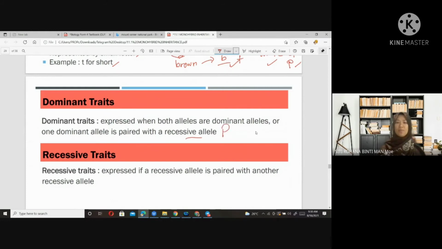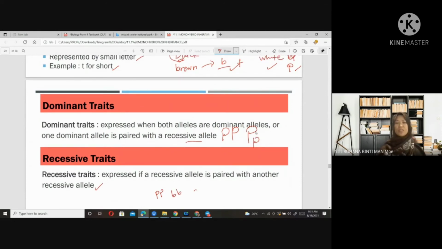Okay, nampak P besar ataupun satu P besar, satu P kecil. Itu maksud ayat ni. And recessive trait is expressed if both recessive alleles are present, paired with another recessive allele. Kedua-duanya ada. Maksudnya sama lah. P kecil, P kecil, B kecil, B kecil, C kecil, C kecil.